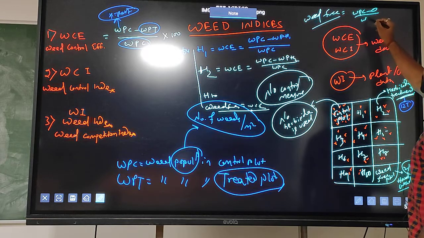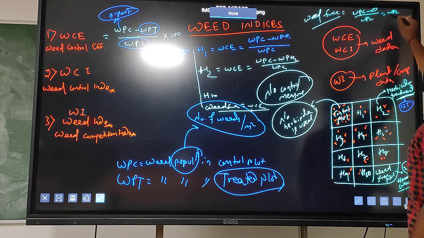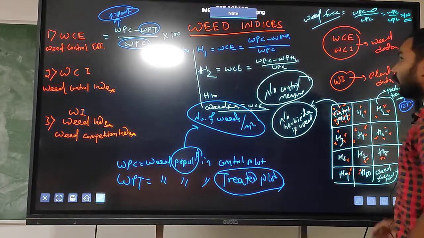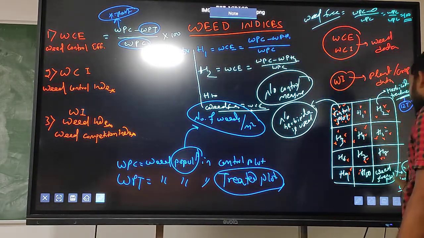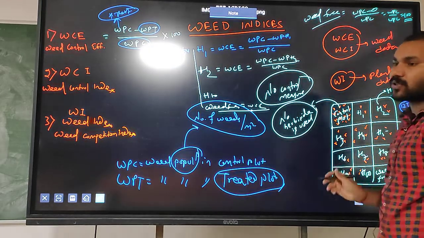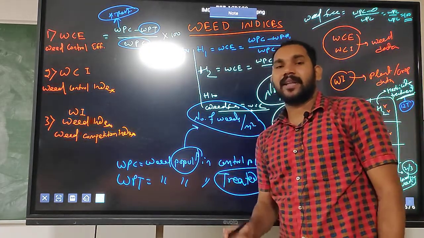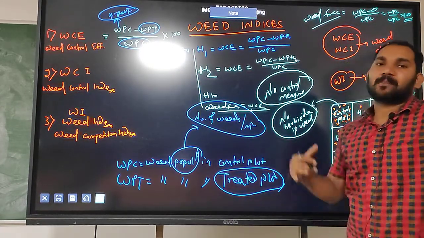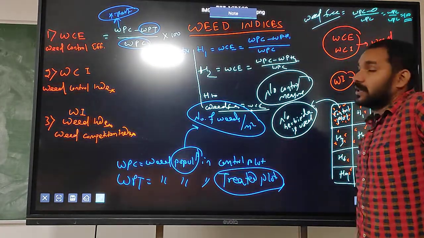Then divided by WPC, WPC by WPC is equal to 100. Yes or no? So if the weed free plot is completely free of weed, then it is 100% weed free. Then the weed control efficiency will be 100%.